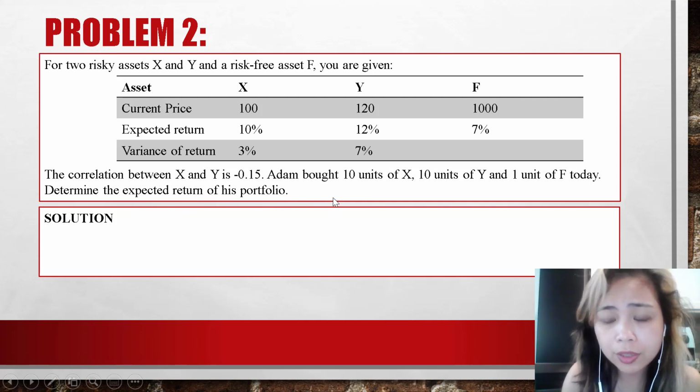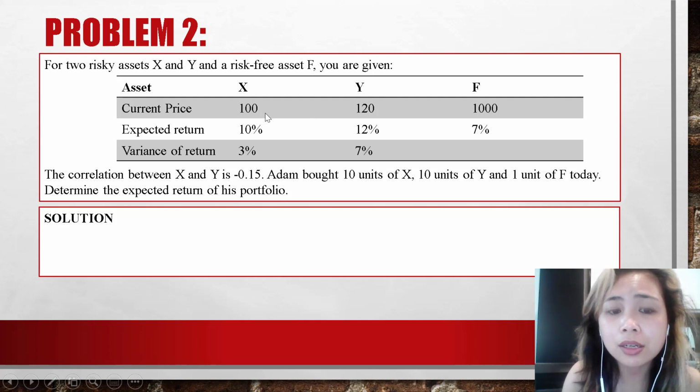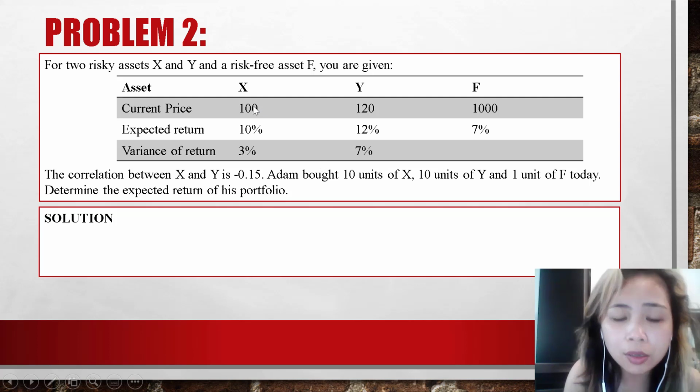And how do we find the weighted mean here? Look closely. We have 10 units of X, and the current price is $100, so each has the price 100. The total money that we invest in asset X is 100 times 10, which is 1,000.